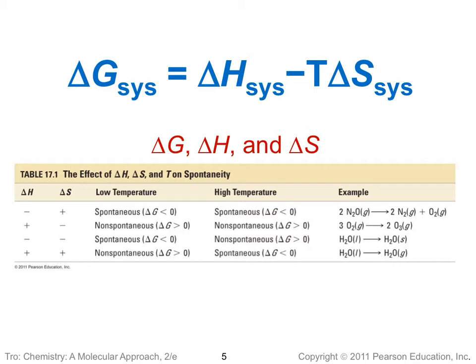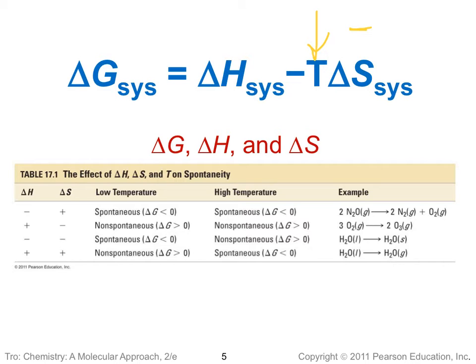The negative-negative case is spontaneous when the negative of delta H is greater than the negative in the delta S. So delta H negative overcomes the term T delta S being a positive, because that's going to be a negative T times a negative delta S, meaning that will be a positive in the third one there.